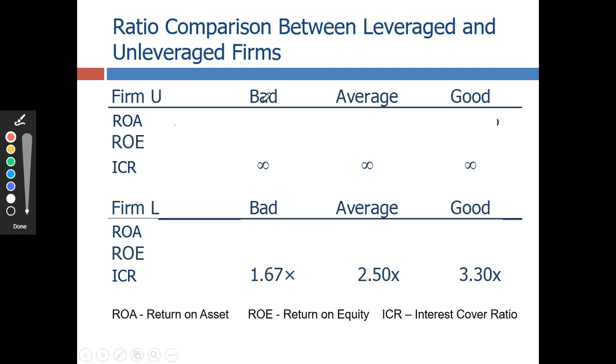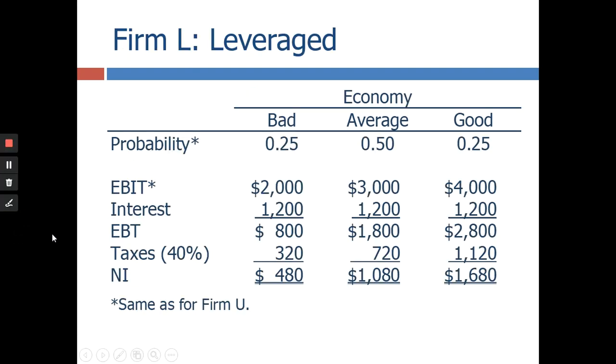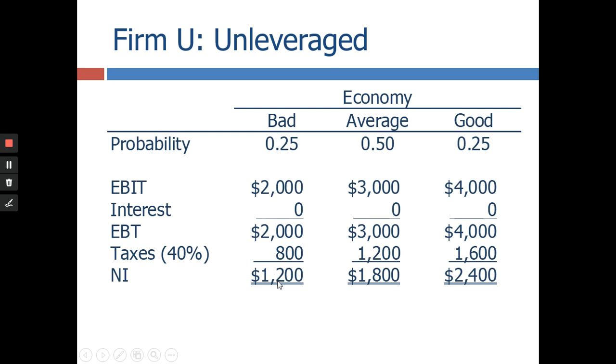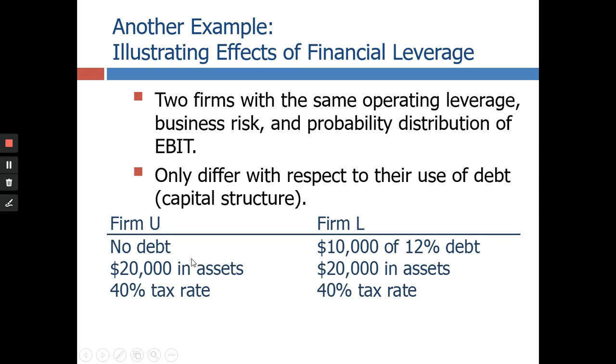All right, so I'll give you an example for return on asset. When the economy is bad, your net income is 1,200. We're looking at the bad situation. Your net income is 1,200 divided by your total asset, which is 20,000.